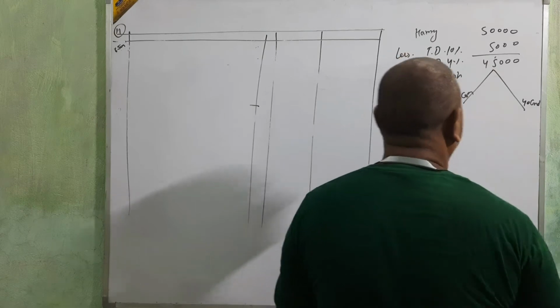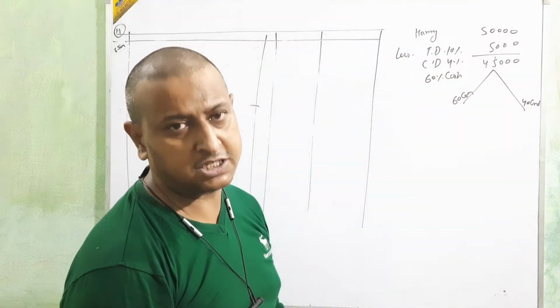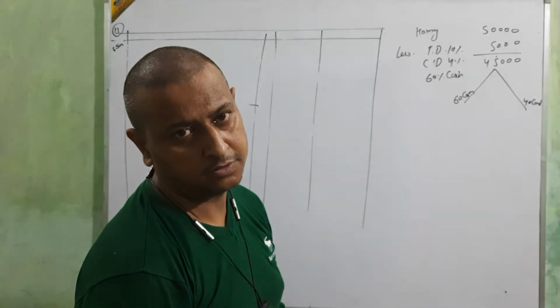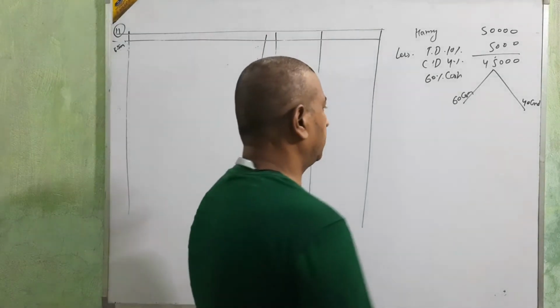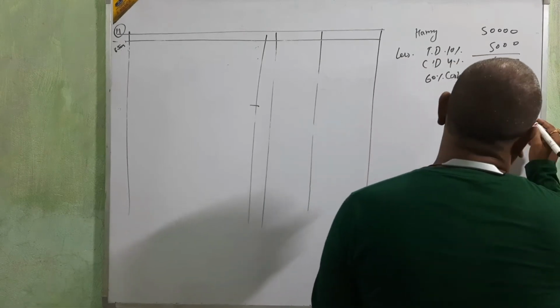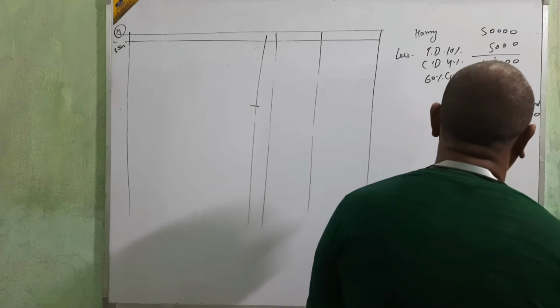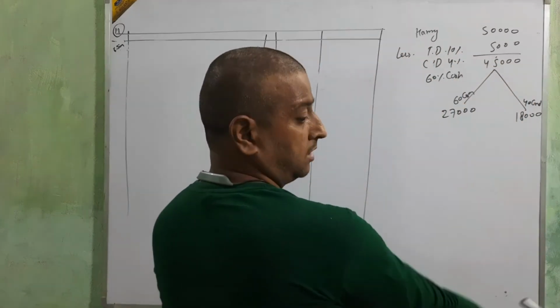Just calculate the 60% of 45,000. What amount is coming? 27,000. 27,000 and remaining amount is 18,000. Okay, beta?